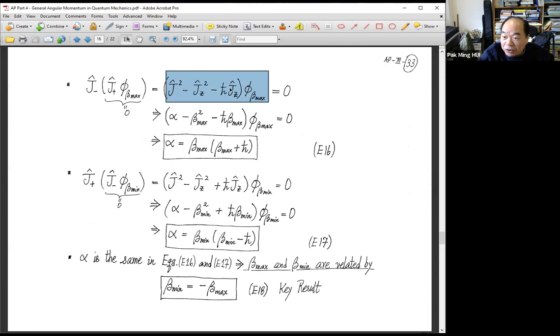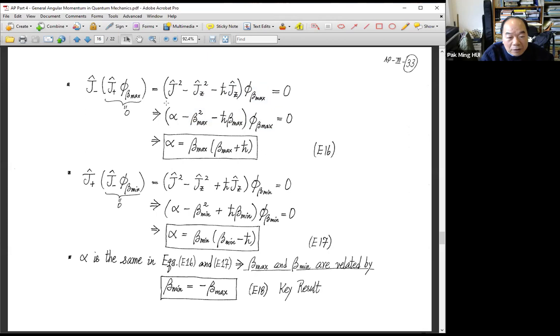Then I have a very interesting relationship. J square operating on the maximum one. We know that it will not change alpha. So it's just alpha times the same state. J_z square on this maximum Z component eigenstate will give us beta maximum square. J_z on this will give us beta maximum times the state.